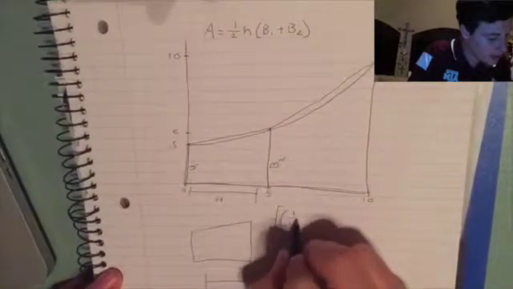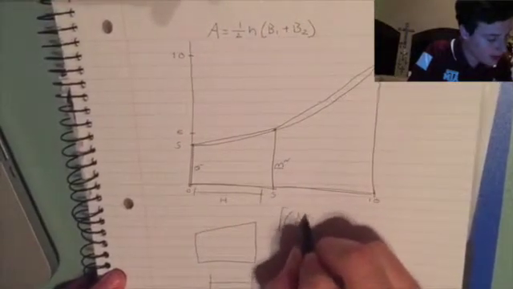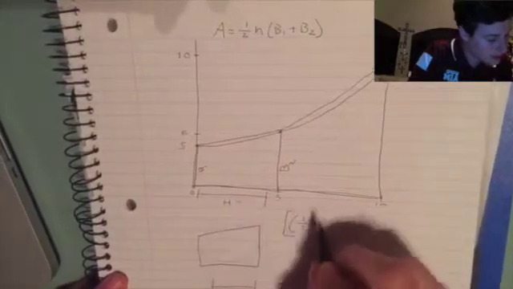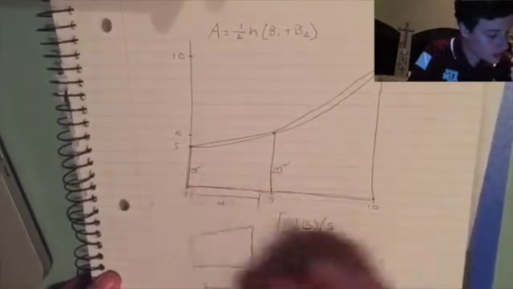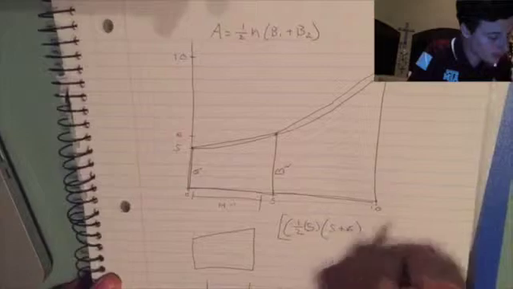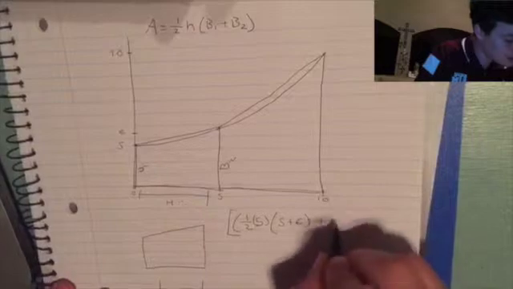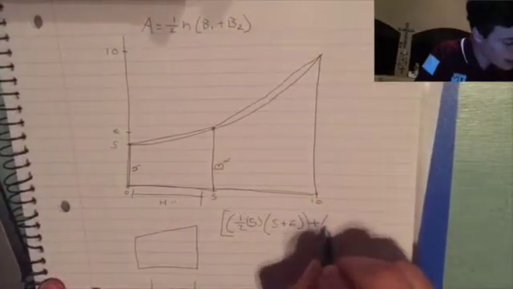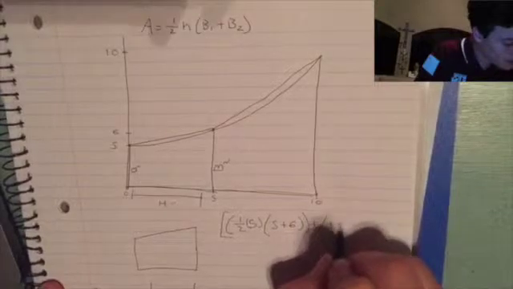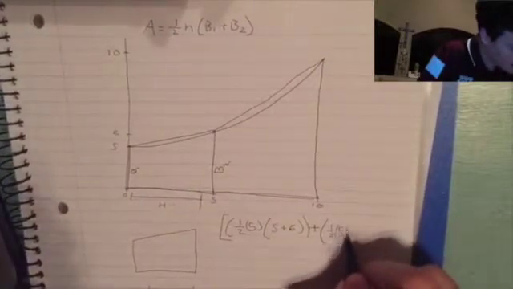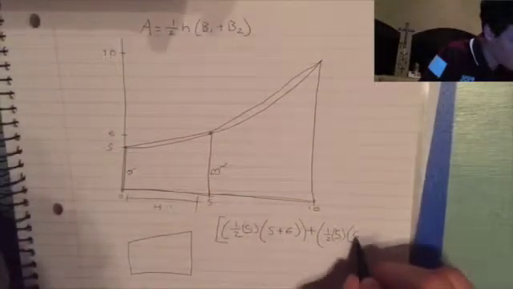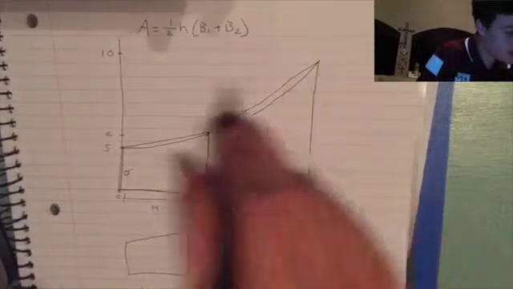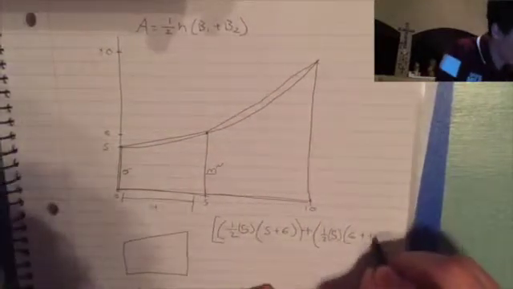So 1/2 of 5, 5 being the height, that was from right here, times base 1, which is 5, plus base 2, which is 6, making that 11. And then, since there's 2 trapezoids in this, you'd have to add a second trapezoid: 1/2, 5 again for this height, times base 1, which is 6 again, these 2 overlap, plus 10, which is over here, that was just 10, making that 16.